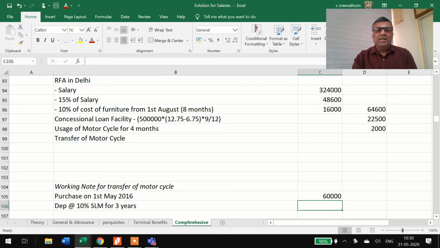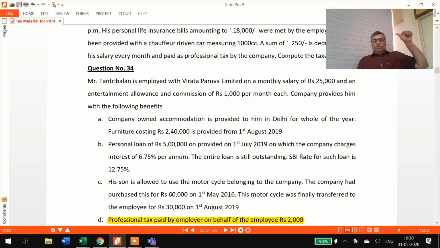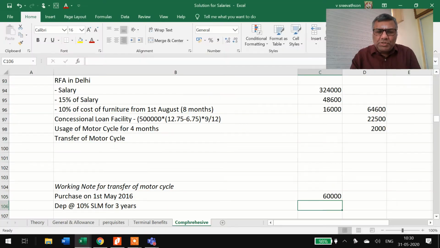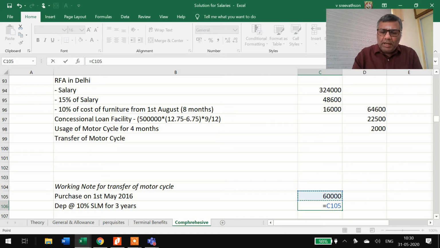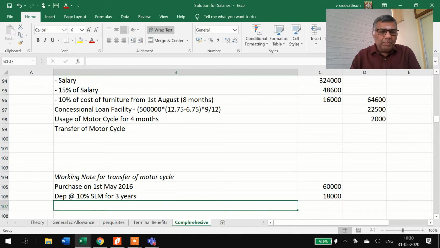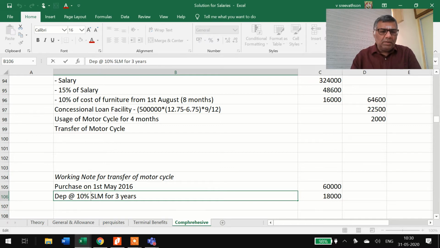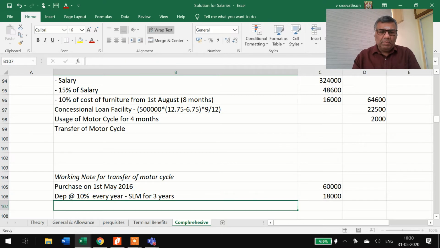Three years is completed: May 2017, May 2018, May 2019. Three full years is completed, so it becomes 30%. Depreciation of 10% every year, SLM for 3 years.